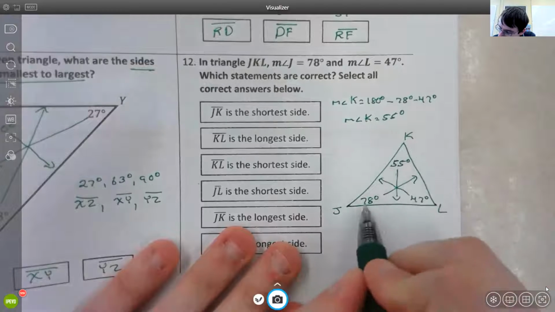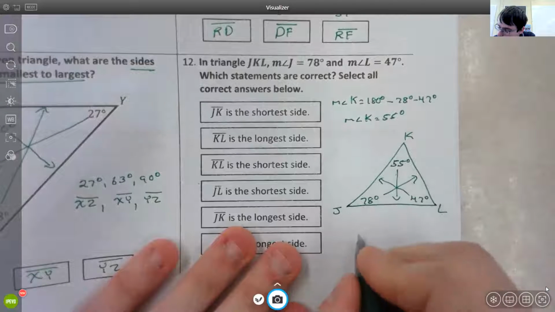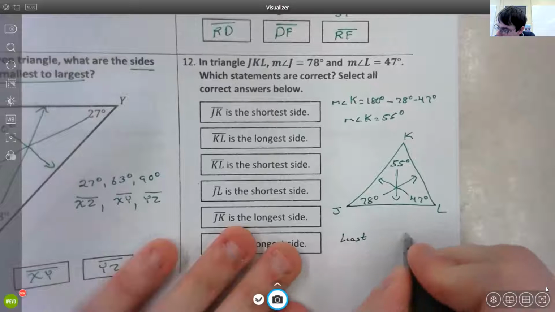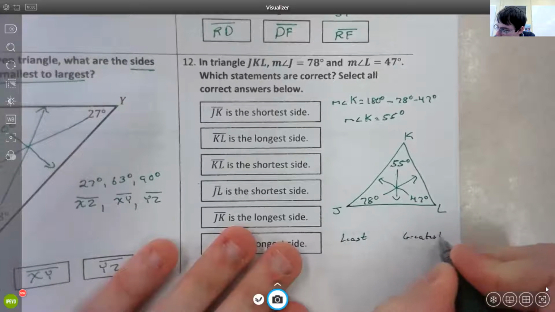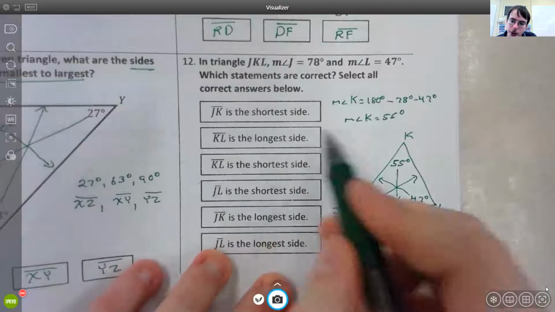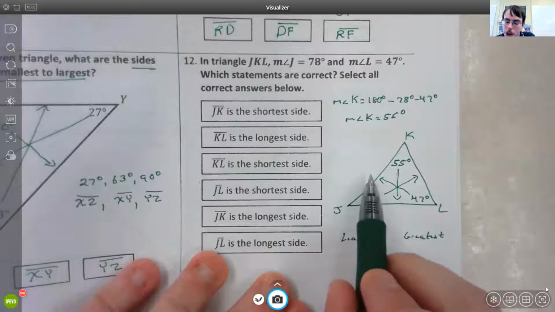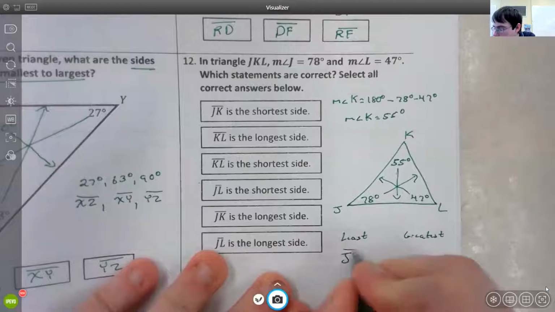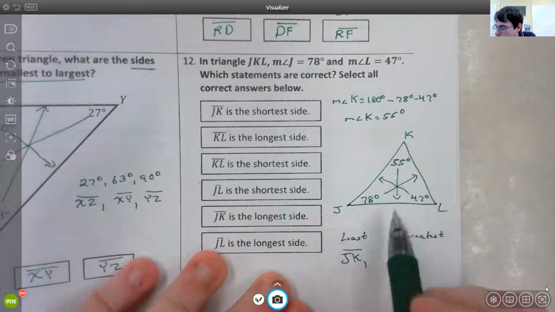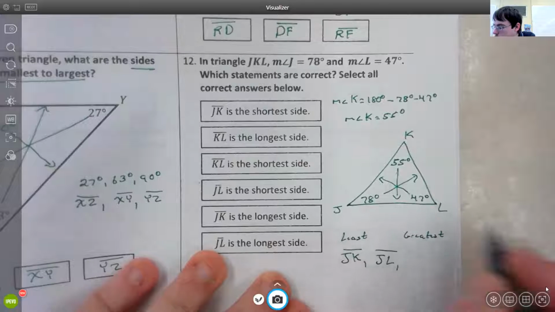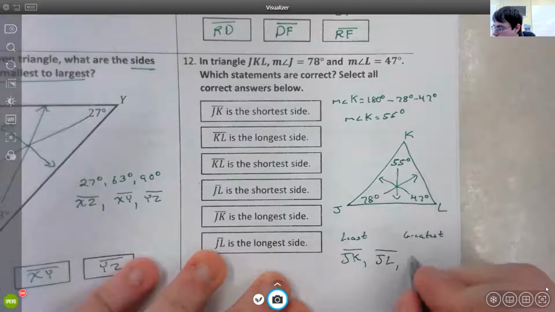So I'm going to order these from least to greatest just because it's habit at this point, although you can go ahead and answer these once you have that triangle drawn. So your least angle is 47, which is opposite JK. 55 is opposite JL. And the greatest, 78, is opposite KL.